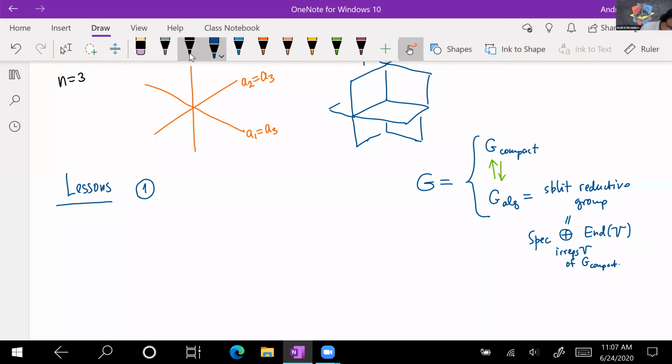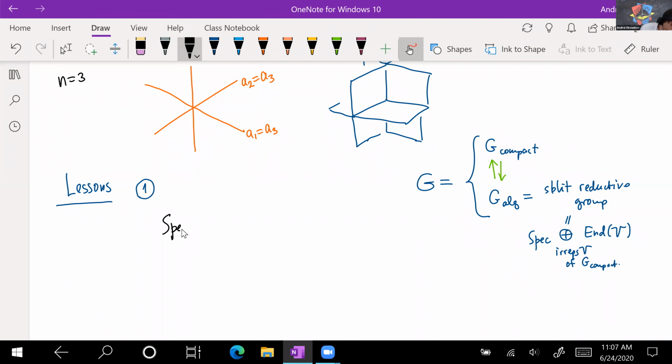I think it'll be clear from context which one I mean. So the first lesson is that if I look at the spectrum, we were drawing pictures of what the spectrum of K-theory looks like.